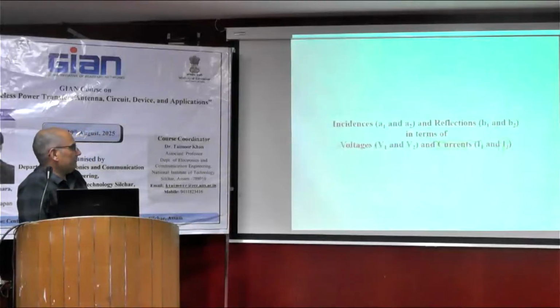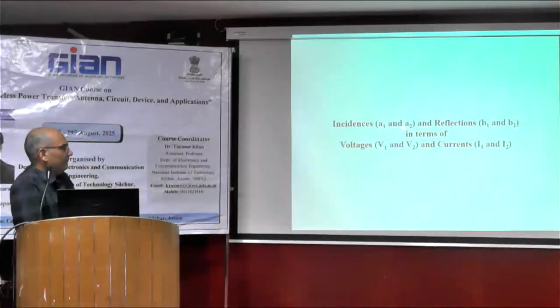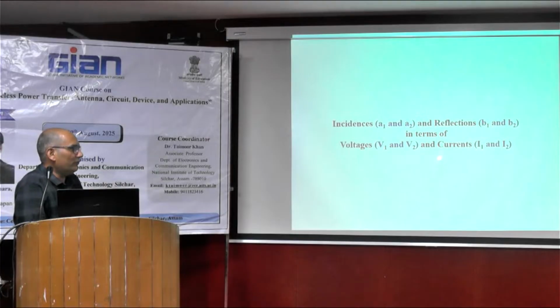Now, how do we calculate A1, A2, that is incidence and reflection, in terms of voltage and current? In the laboratory we will have the voltage and currents available easily, so we will see here how to convert them to the equivalent incidence and reflection.